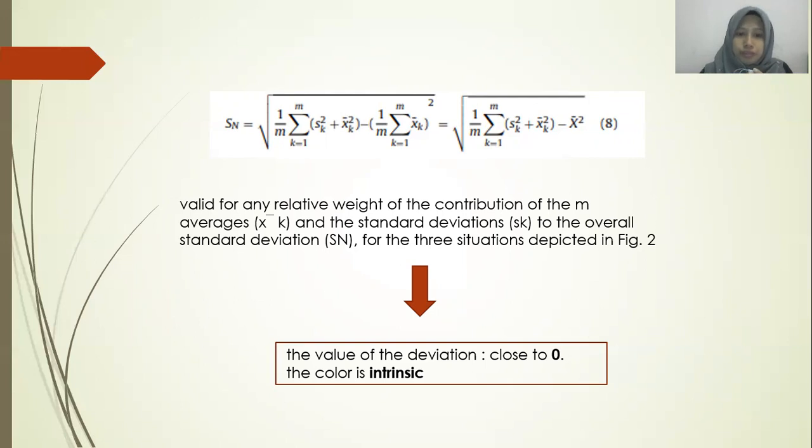If the value of the deviation is close to 0, it means the color that appears is its intrinsic color.